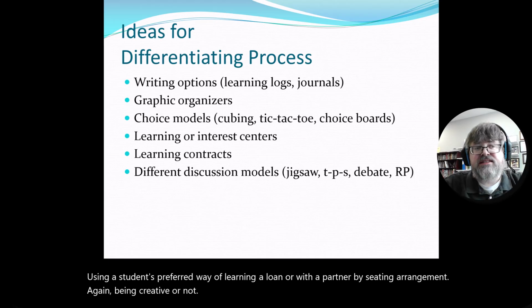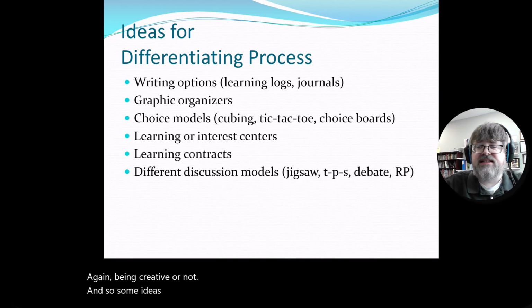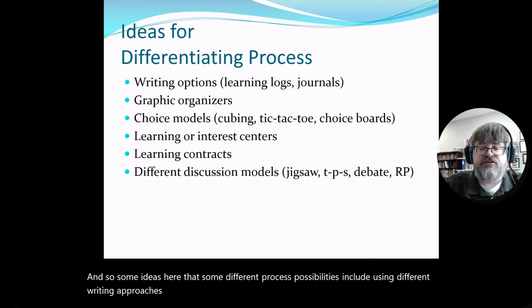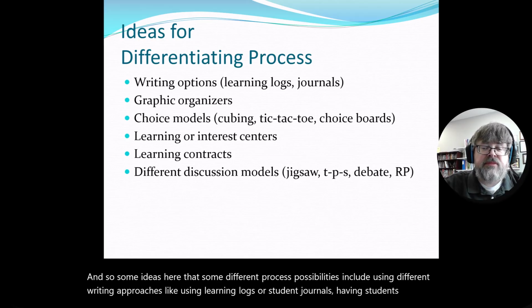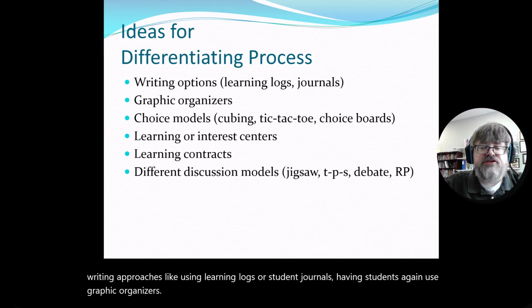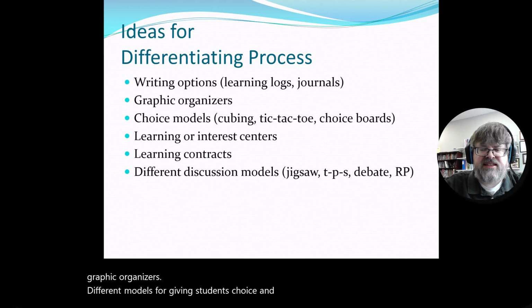And so some different process possibilities include using different writing approaches, like using learning logs or student journals, having students again use graphic organizers, and different models for giving students choice, and these are called different things.